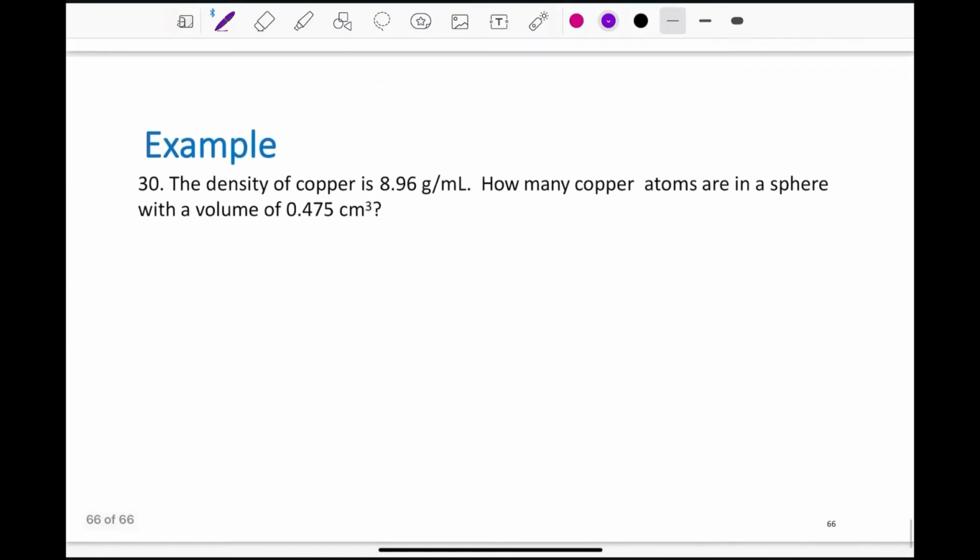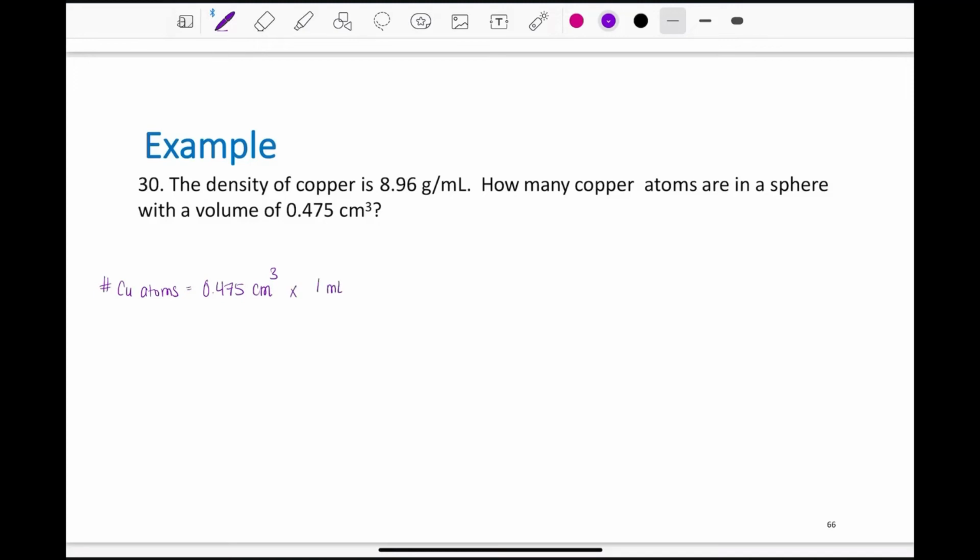And the last example for this chapter: the density of copper is 8.96 grams per mL. How many copper atoms are in a sphere with a volume of 0.475 centimeters cubed? So I want to know the number of copper atoms. I know I have a sphere that has a volume of 0.475 centimeters cubed.